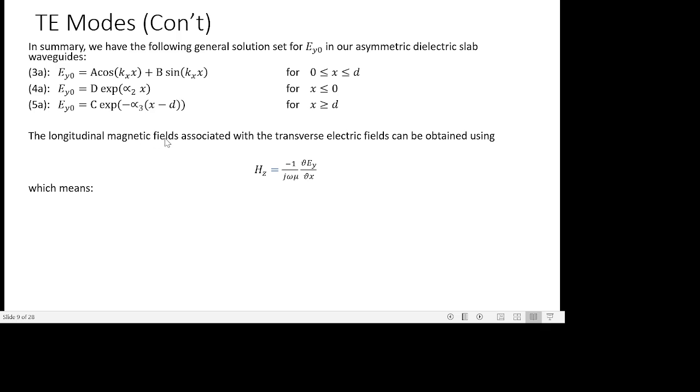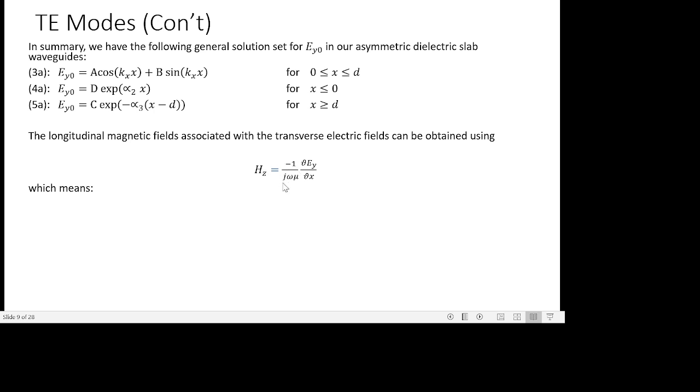The longitudinal magnetic field associated with the transverse electric fields can be obtained using Faraday's law, using this equation, and this will be the derivative of E of y times this vector.